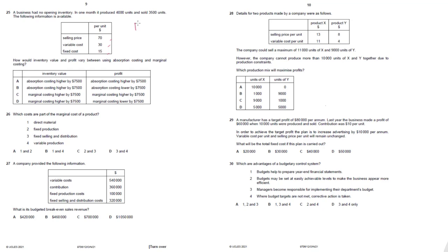So our inventory as per absorption costing will include the variable cost and the fixed cost both. In other words, as per absorption costing, inventory value is going to be 500 units. Why 500? Because production is 4,000, sales is 3,500. So 500 into total of 30 and 15, so $45 per unit.